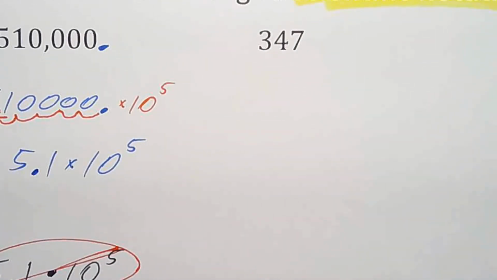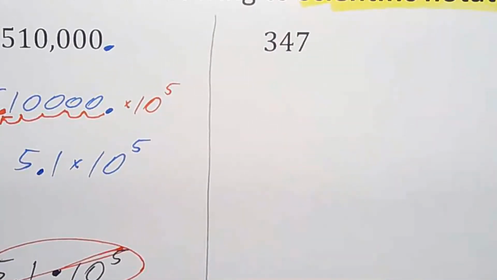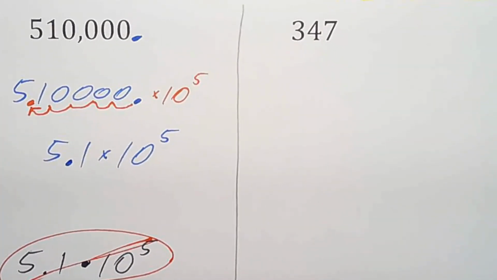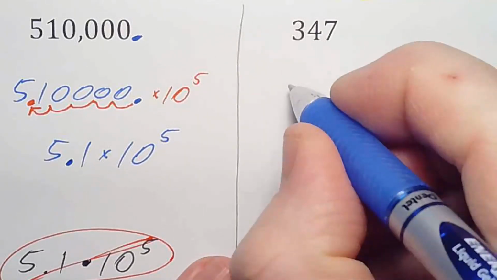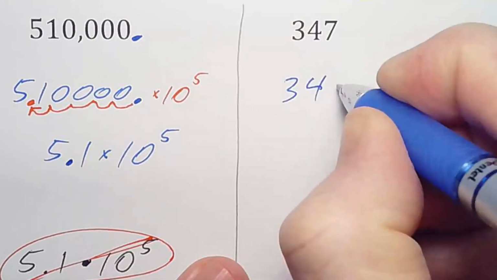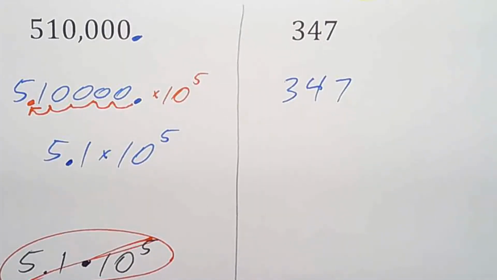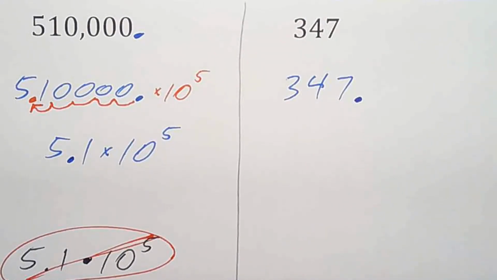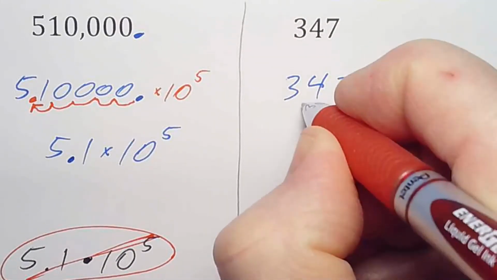All right, so we just did that first one. Let's look now at 347. How would we convert 347? Okay, 347 means, right, 347. Just going to rewrite it so we've got some room. Remember that it's like there's a decimal point right there. So I want to get that decimal point over here.